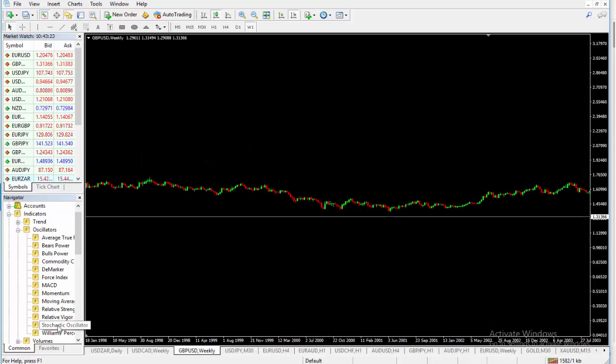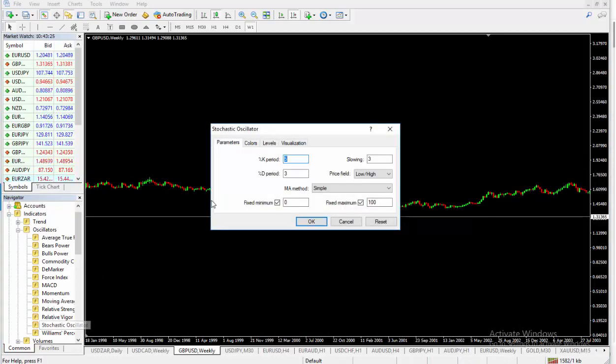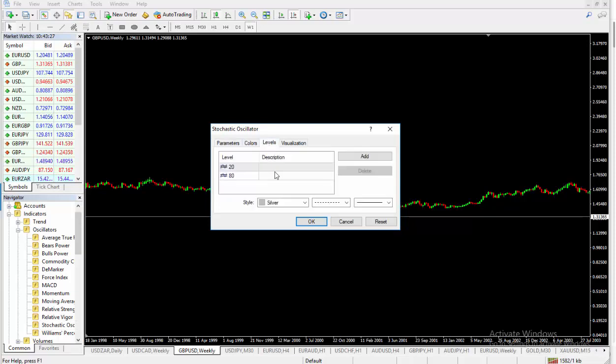What you can do is go to your oscillator, double click on it, and go where it's written levels. On the levels there, you want 20, the one below, so it'll be oversold, and 80 above, so it'll be overbought.